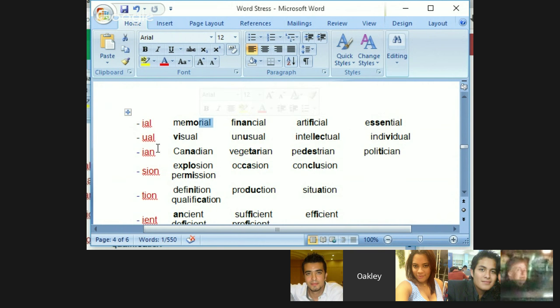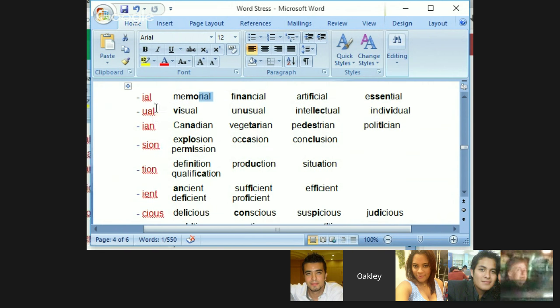We have a long list here. Memorial can be an adjective. Financial, an adjective. Artificial, an adjective. Essential, an adjective. Usually an adjective, but memorial can be a noun.